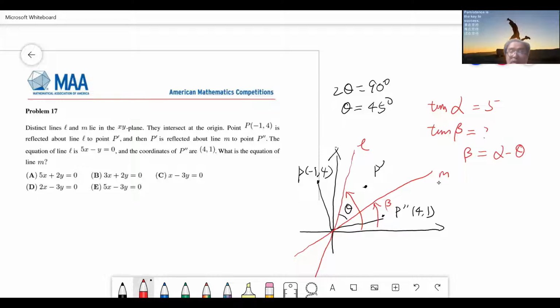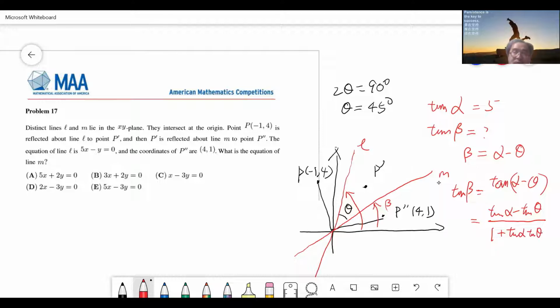Right? So we can just use the formula: tangent beta equals tangent of alpha minus theta, equals tangent alpha minus tangent theta, divided by 1 plus tangent alpha tangent theta, right?